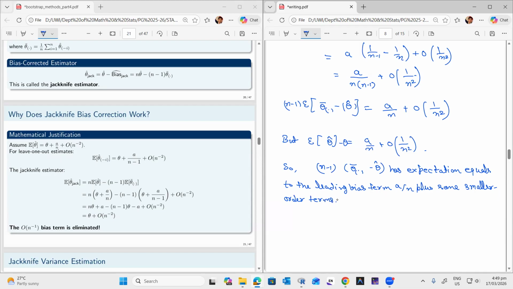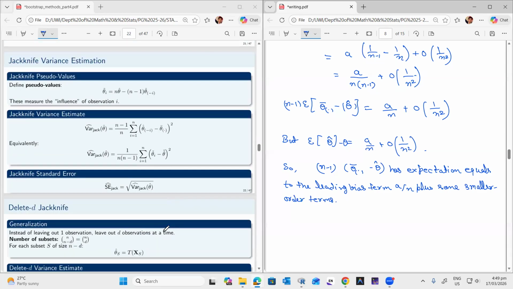All right. So the factor n minus 1 is chosen to cancel out the dependence on n in the leading terms, making the bias estimator approximately unbiased for the bias itself. All right. So that is basically the idea behind jackknife bias.